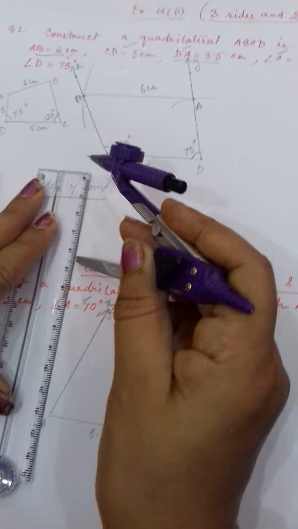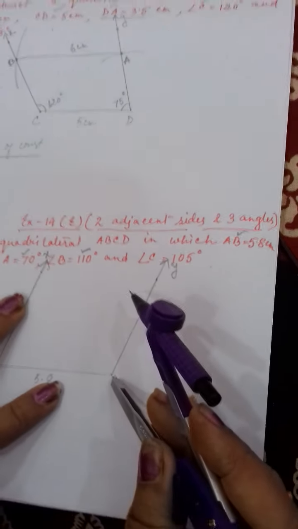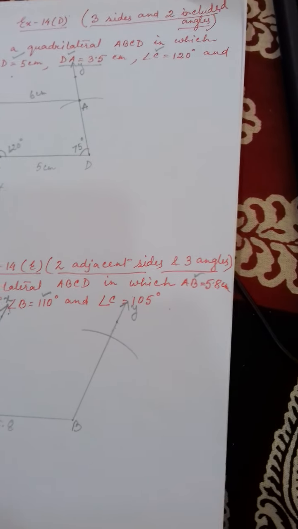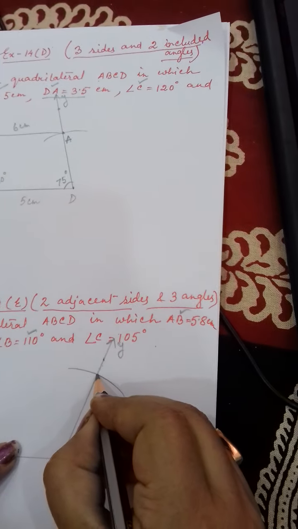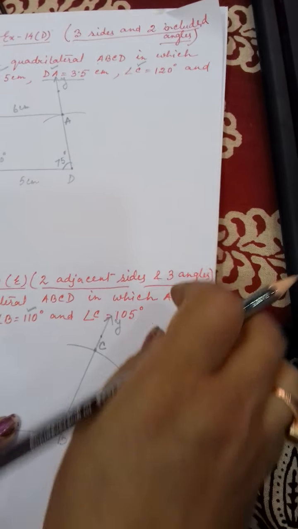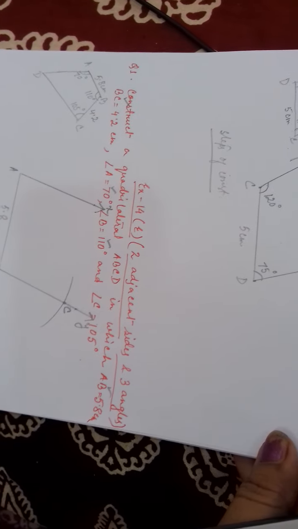Take the measurement BC 4.2 with B as the center and cut the arc. So you have got point C. Now with C as the center, you will construct angle 105.